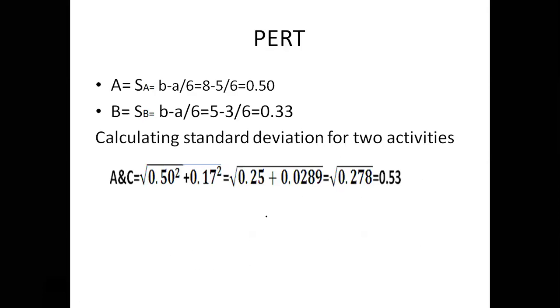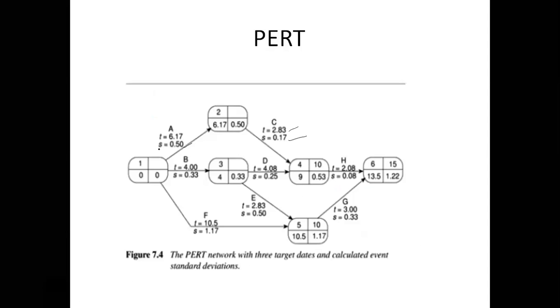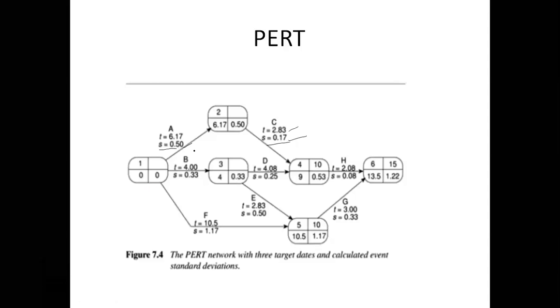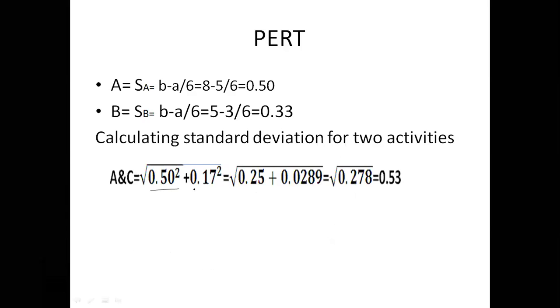Okay. There is a small difference when adding two standard deviation values. See the diagram here. If you add the standard deviation values of A and C, we must add their squares. So first we square the A value and square the C value.